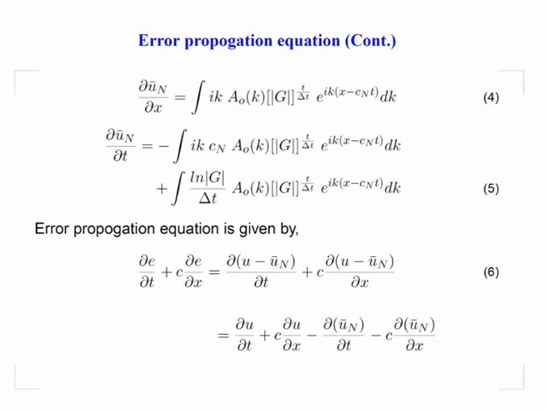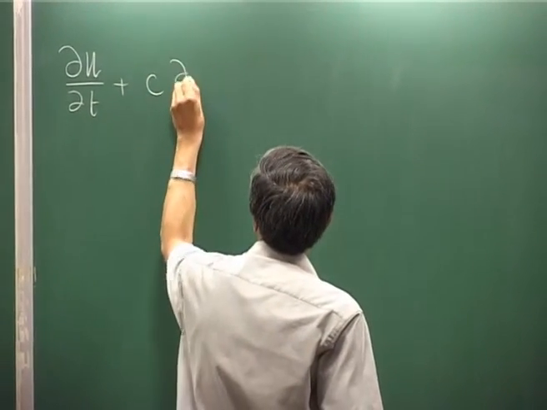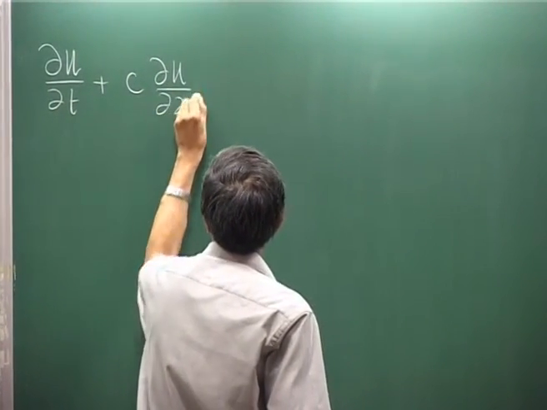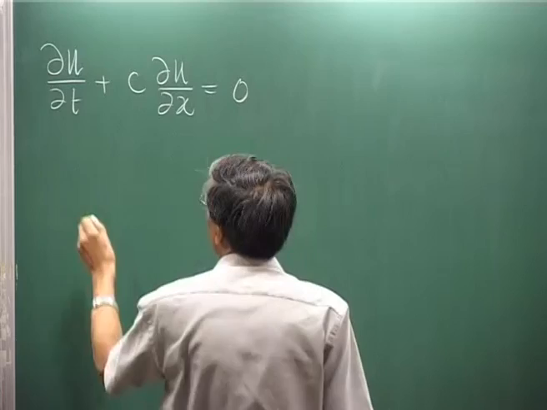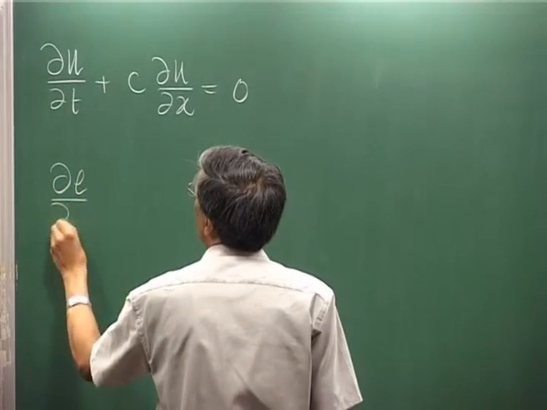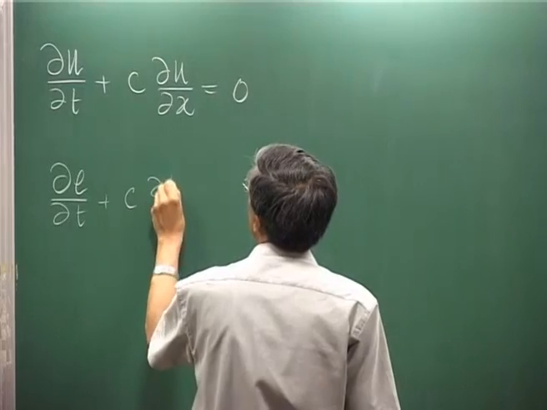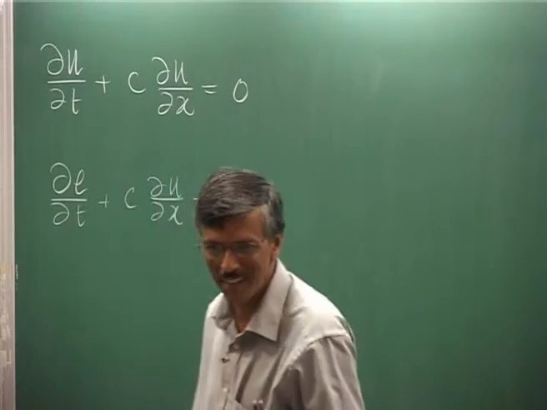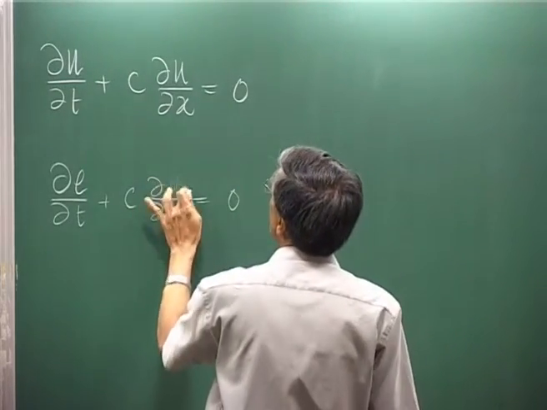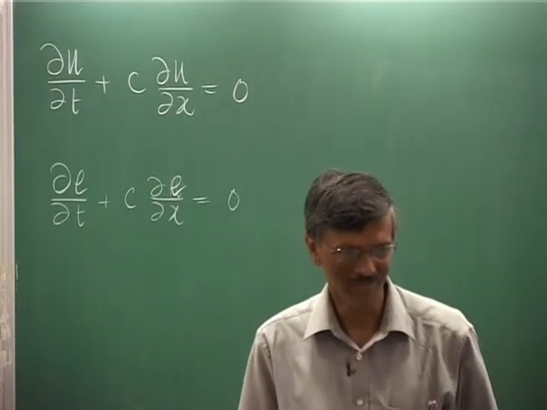So, if that is the case, my governing equation is this. If this is my governing equation, what would I expect? The error should satisfy this, right?